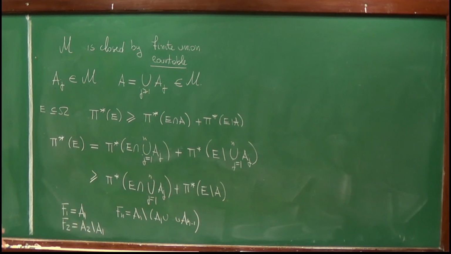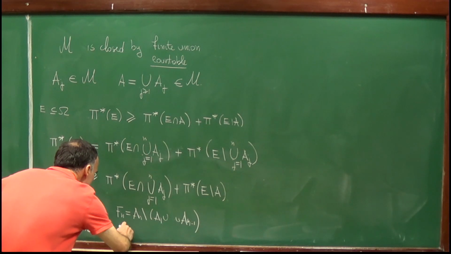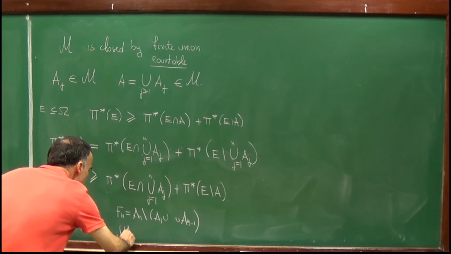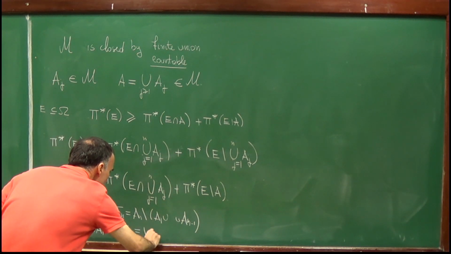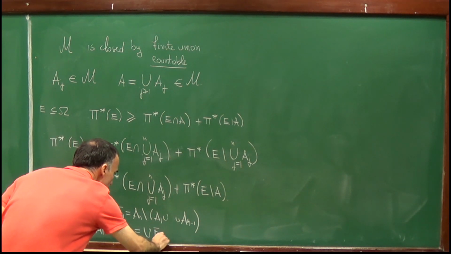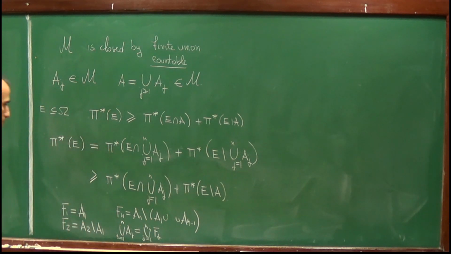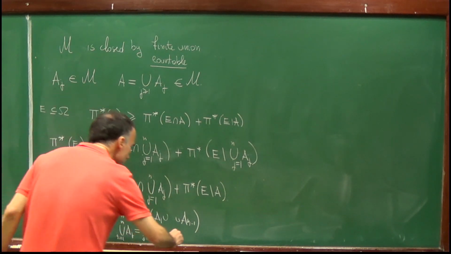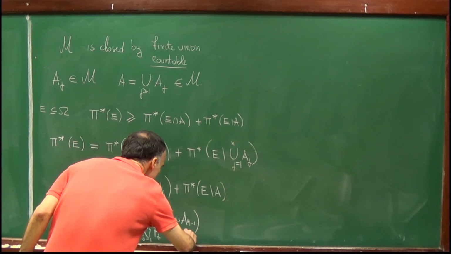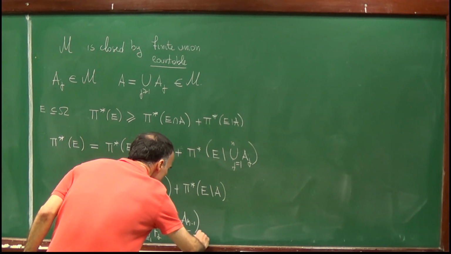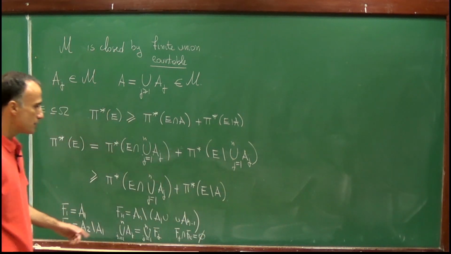So, first, it's clear that the union of Aj from 1 to n is equal to the union of Fj from 1 to n. Then, it's also clear that all these sets F are disjoint 2 by 2, that Fj intersection Fk is equal to the empty set if j is different from k.